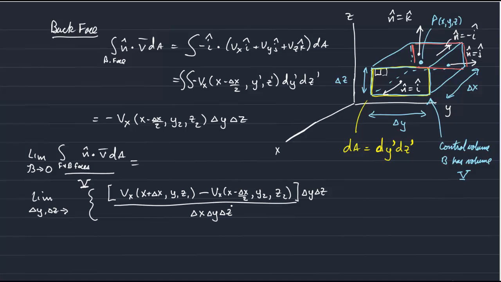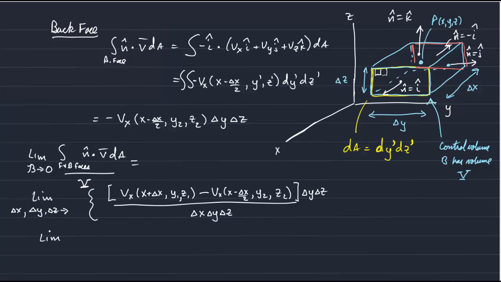And as we take the limit, oh, I'm sorry, we need to take the limit as delta x, delta y, and delta z go to 0. And as delta y and delta z go to 0, then y1 and z1 and y2 and z2 collapse to the point y and z.